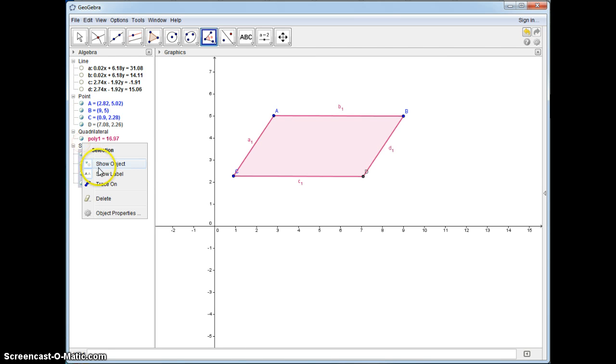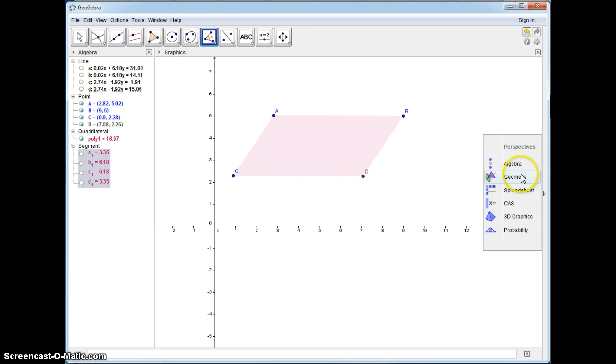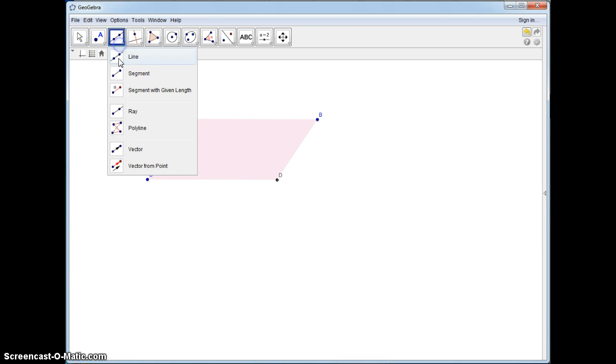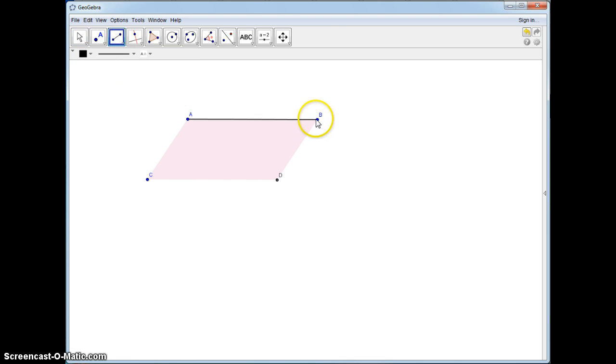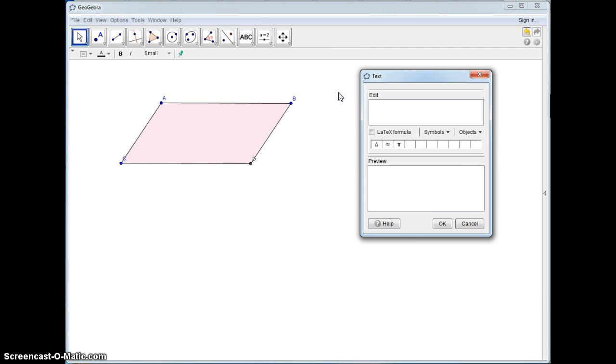I'm going to go into my geometry view, and I'm going to bring back my segments because I just hid them temporarily. So let's prove this. The opposite angles of a parallelogram are congruent.